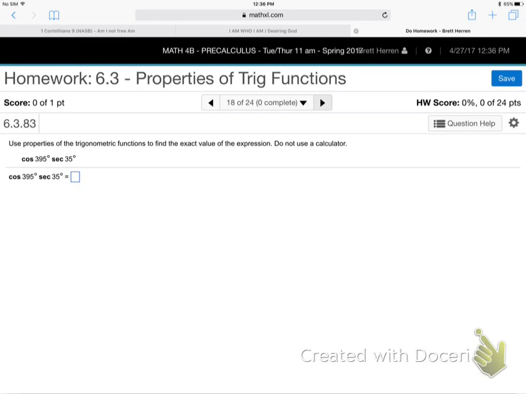All right. Cosine of 395 times secant of 35. Any guesses? What do you do with that 395? That's a big angle. That's more than 360. So what do we do whenever they give us an angle more than 360?